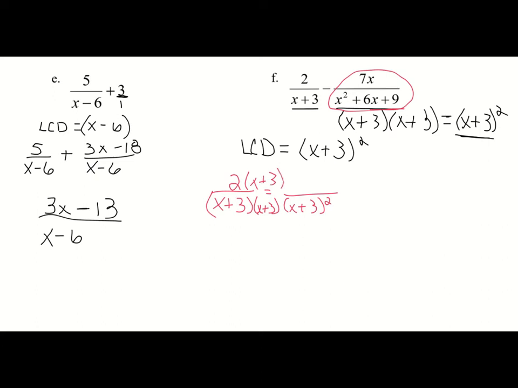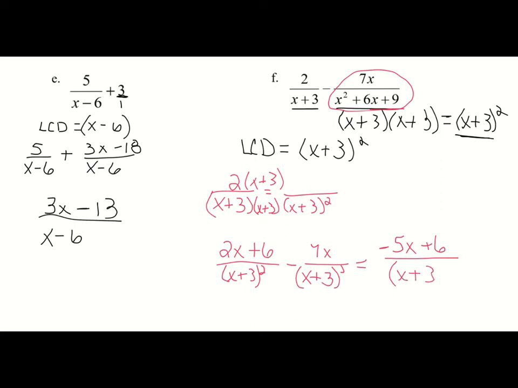So it's going to give me 2x plus 6 over x plus 3 squared minus 7x over x plus 3 squared. So when I do the math here, 2x minus 7x will give me negative 5x plus 6 over x plus 3 squared. And I can't do any simplifying, so that one is also done.